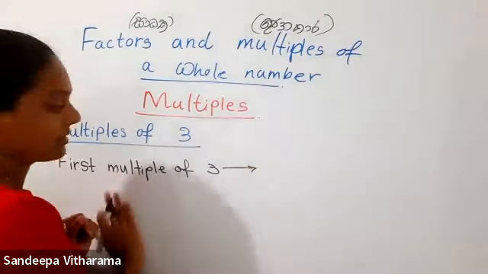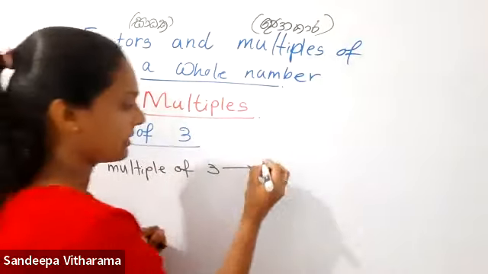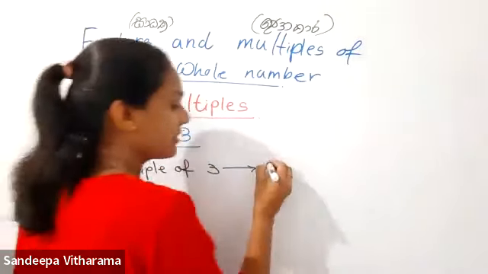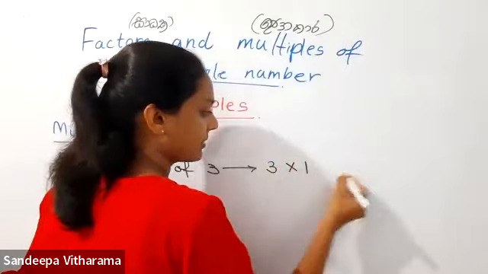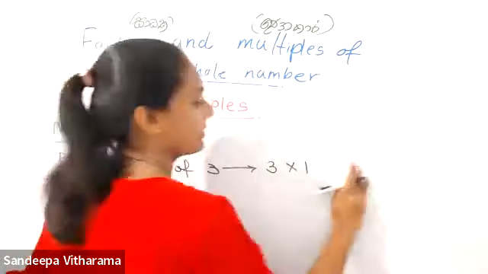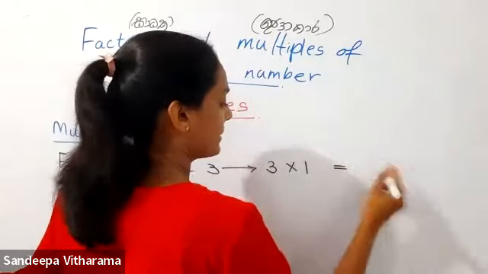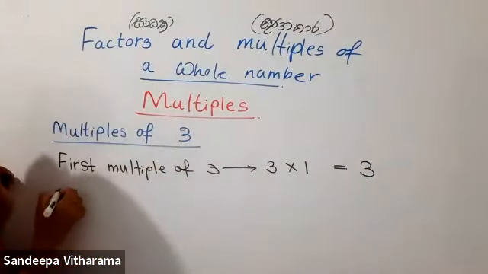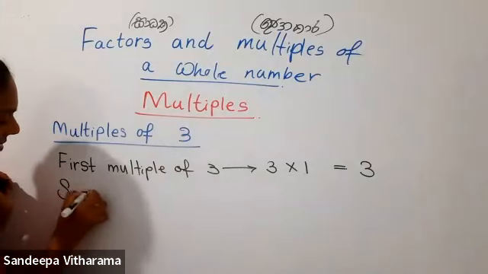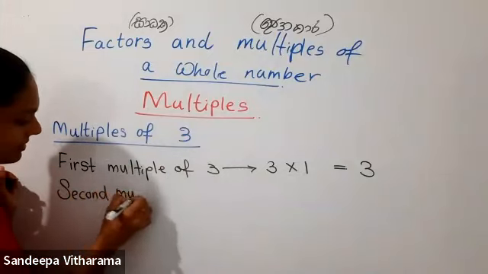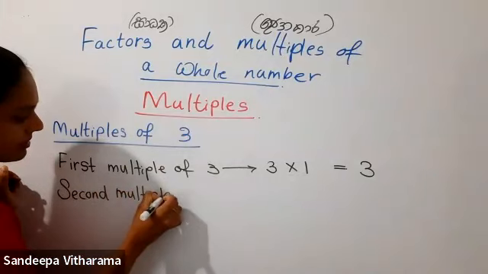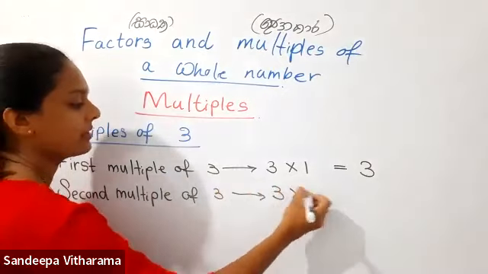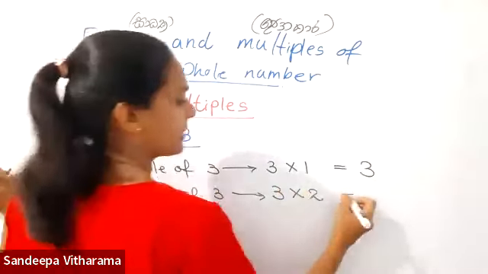How do we get the first multiple of 3? You have to multiply 3 by 1. Then the first multiple is 3. Okay. Then you are asked to find the second multiple of 3. How do we get it? 3 into 2. Answer is 6.